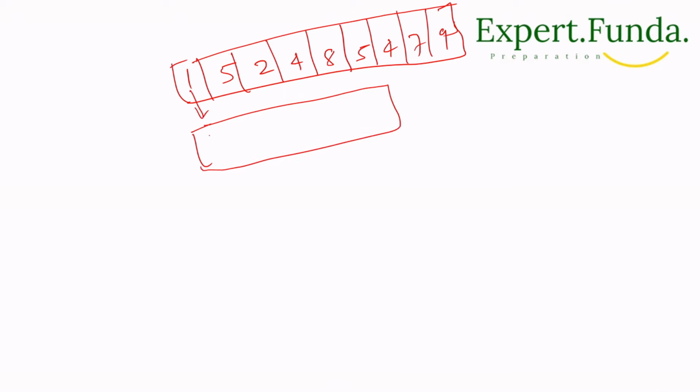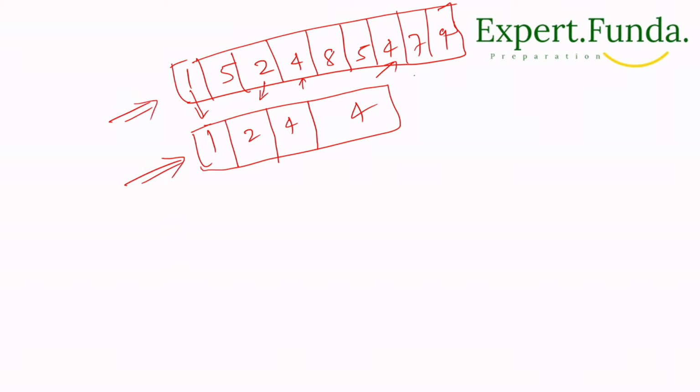From here I take 1, then 2 in increasing order, next I take this 4. I could take 8 also, but I'll take this 4. Let's suppose this is our subsequence, and this is our array.